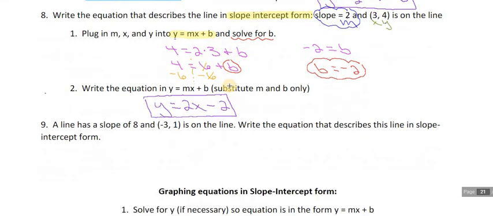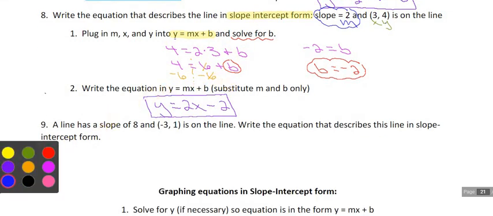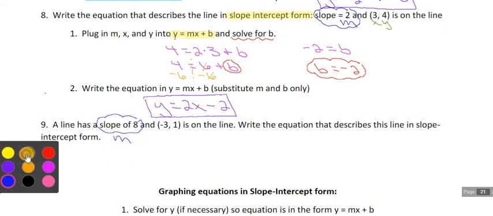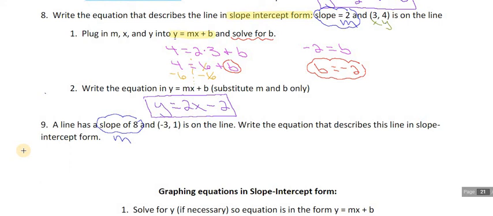Number 9 is the same exact type. It says a line has a slope of 8. So we've got our m. That's good. We have an ordered pair, -3, 1 is on the line. Well, that's not a y-intercept, but that's just an ordered pair, x, y. Write the equation that describes this line in slope-intercept form.